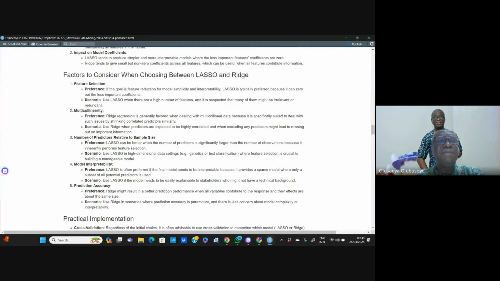Another factor could be the number of predictors relative to sample size, which I've talked about. If you have more predictors than your sample size, you may want to use LASSO regression.